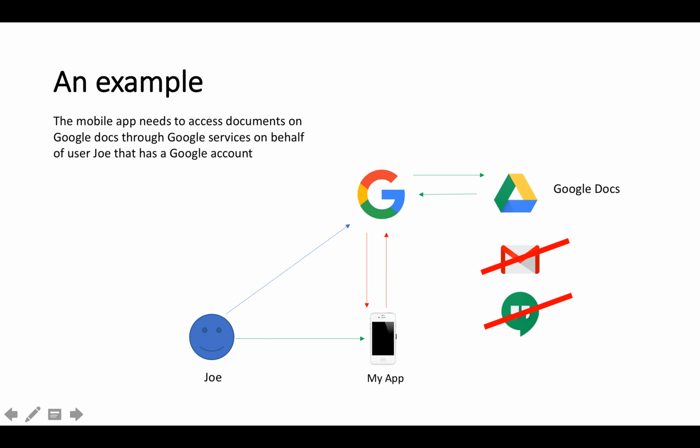Joe will answer yes, and with that answer, the application, without passing the credentials or requiring Joe to introduce the user ID and password, will retrieve the information from Google Docs that Joe authorized. With this authorization, the application won't have access to Gmail, emails, or inbox, or to the Hangouts contacts, because he only authorizes it to use the Google Docs service.